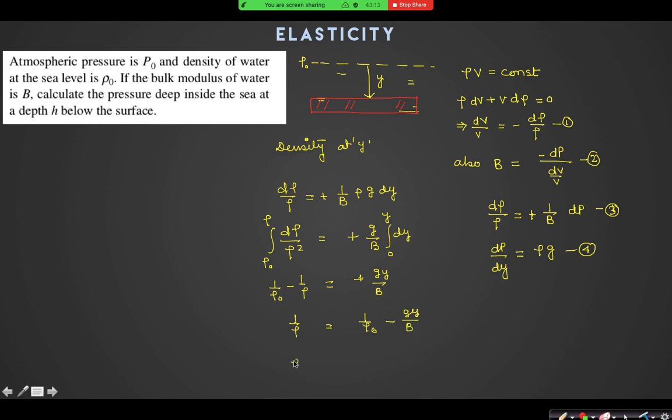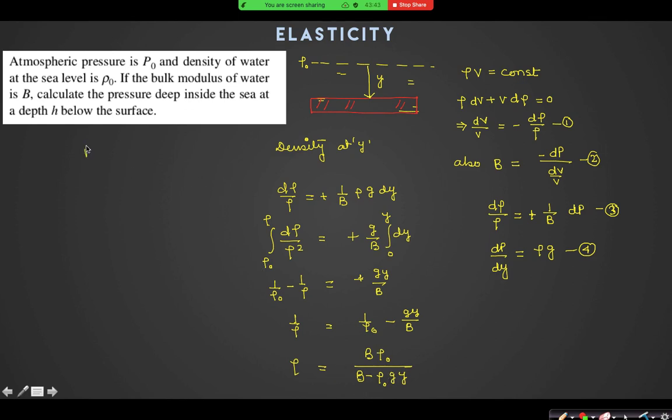Or I can also find the density as a function of y, which is equal to b into rho naught divided by b minus rho naught gy. That is the first step of this question. As y increases, this term decreases and this term increases, so density increases with y.